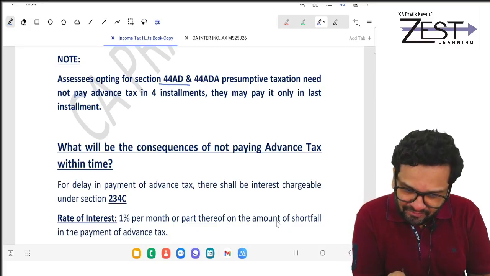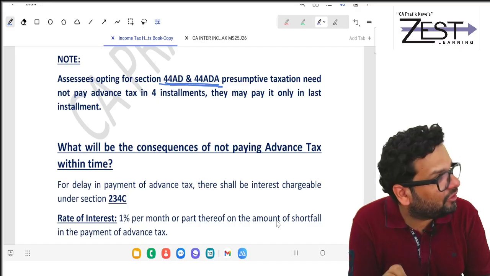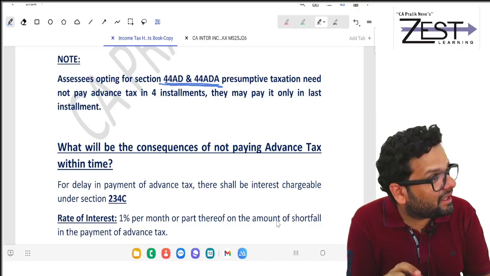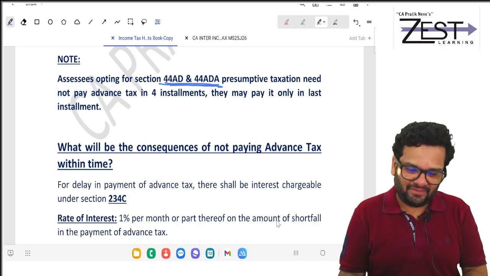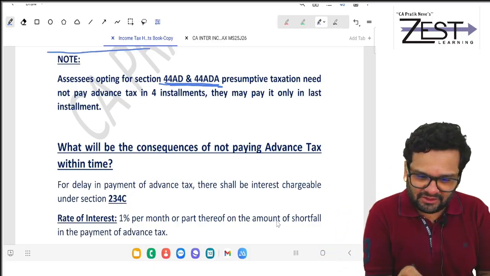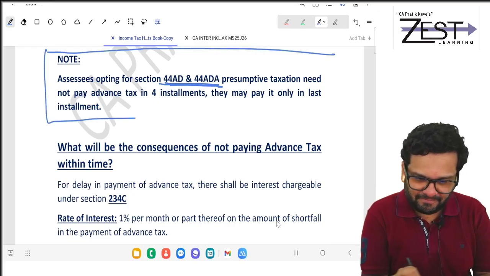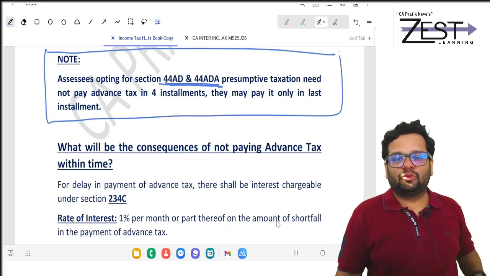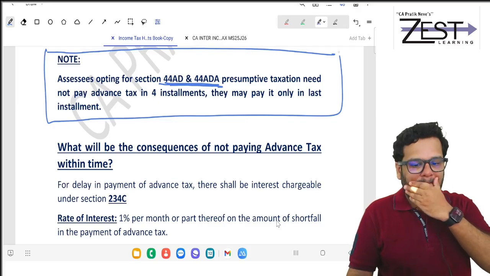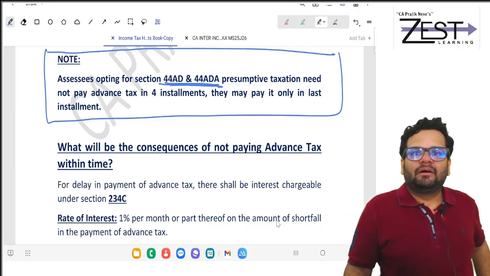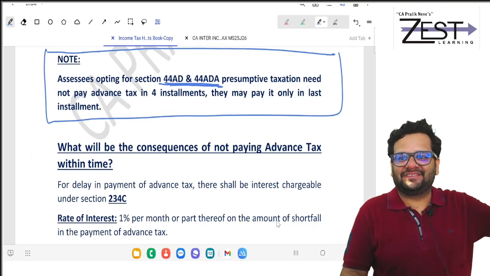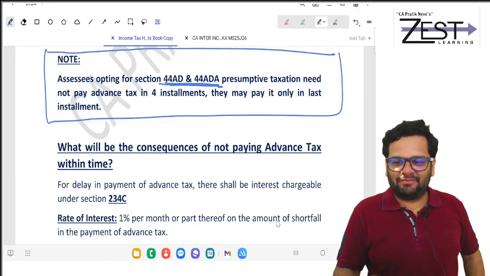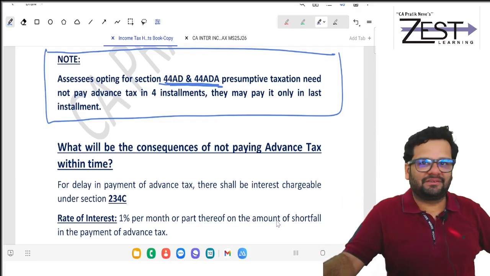These people in 44AD and 44ADA will pay advance tax only in one last installment. Check in your 44AD and 44ADA, we have written this. At that time, you wouldn't have understood 100%.